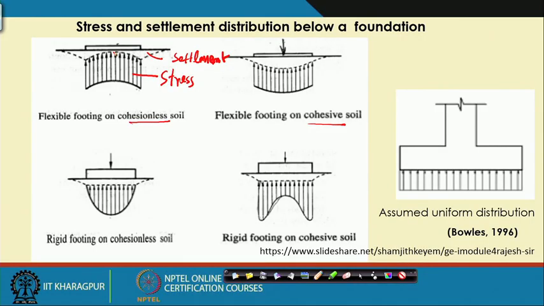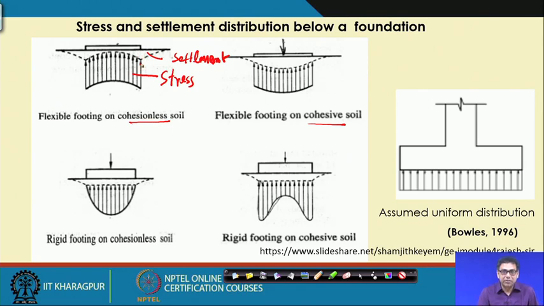But the opposite trend is observed if it is a cohesive soil, where settlement is maximum at the center and less at the edge compared to the center. But in the cohesionless soil, settlement at the center is less and at the edge is maximum.